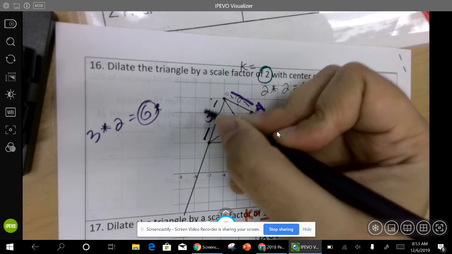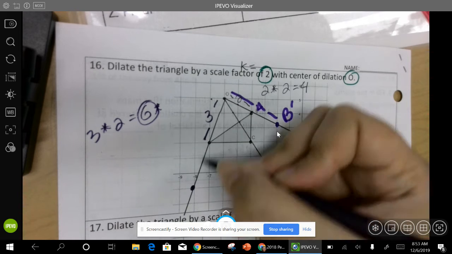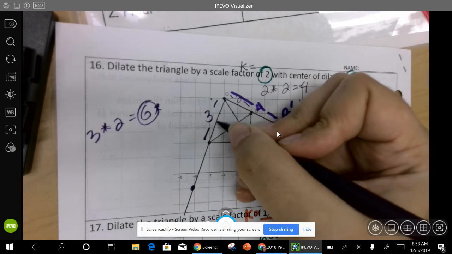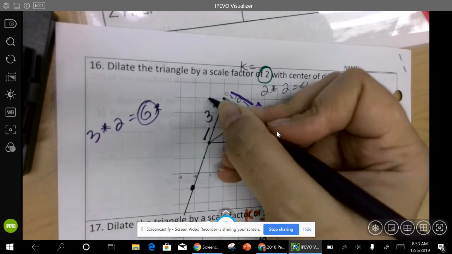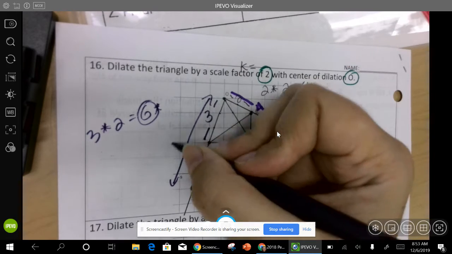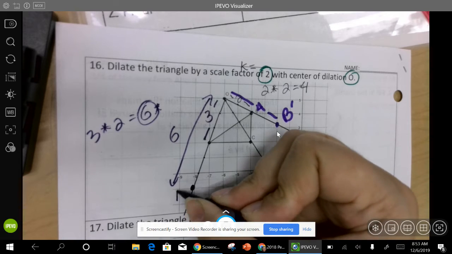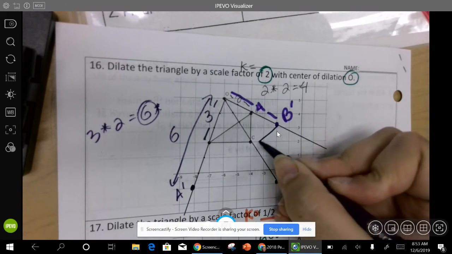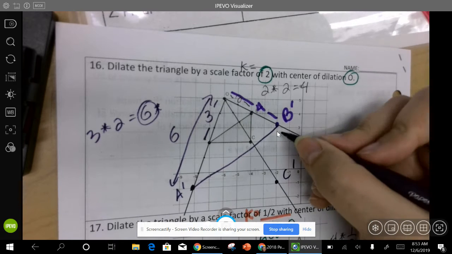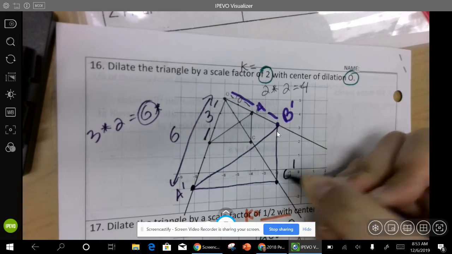So now we're going to go down 6. 1, 2, 3, 4, 5, 6. So A prime is going to be right here. Then what we do, everybody, is connect them to get our triangle.